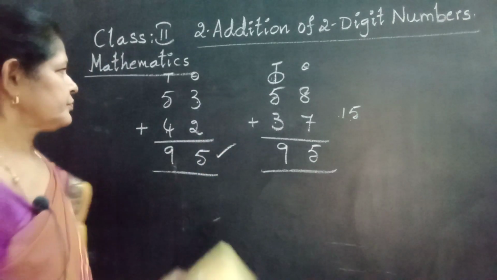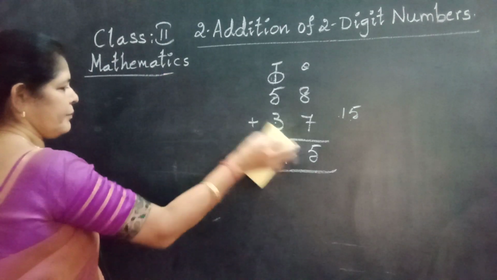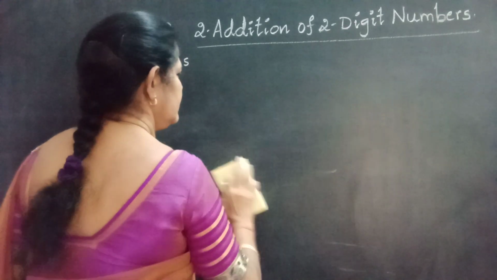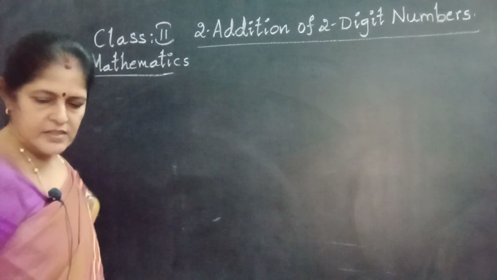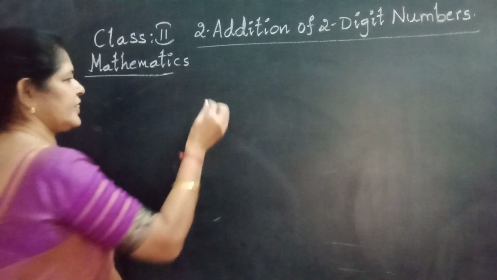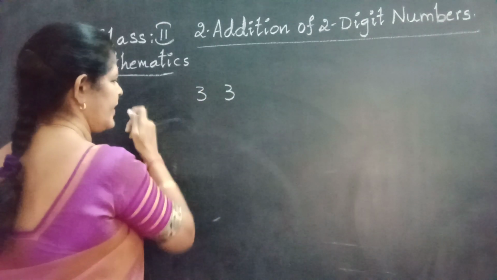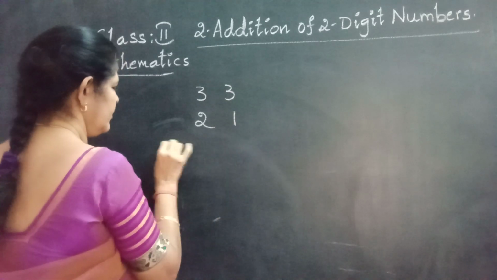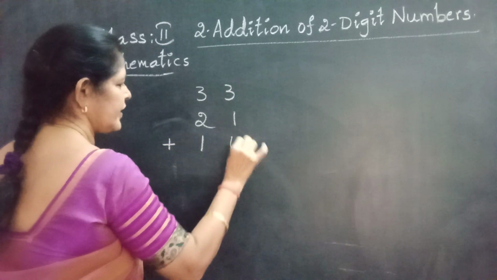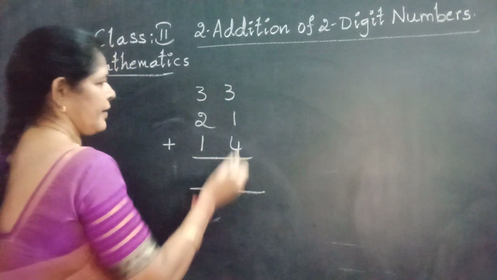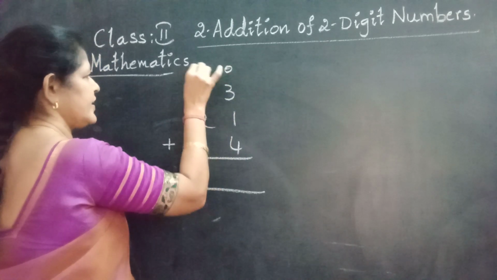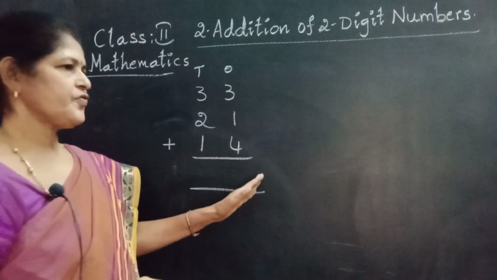Another one. 2-digit numbers, 3 lines, without regrouping and with regrouping. 33 plus 21 plus 14. 2-digit numbers. Ones place, tens place. Adding ones first.